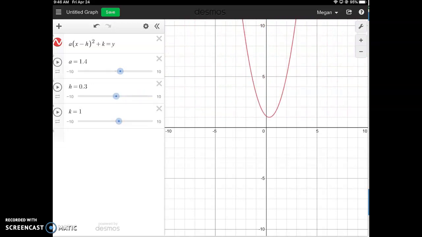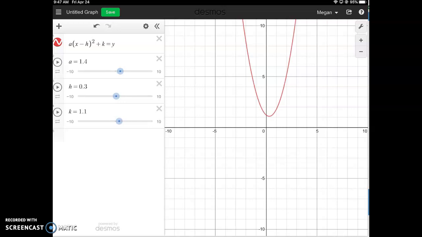And then what does slider K do? Those are the three questions you're going to have to answer for me. Your answer should be, for a parabola, the A value does this, for a parabola, the H value does this, for a parabola, the K value does this.